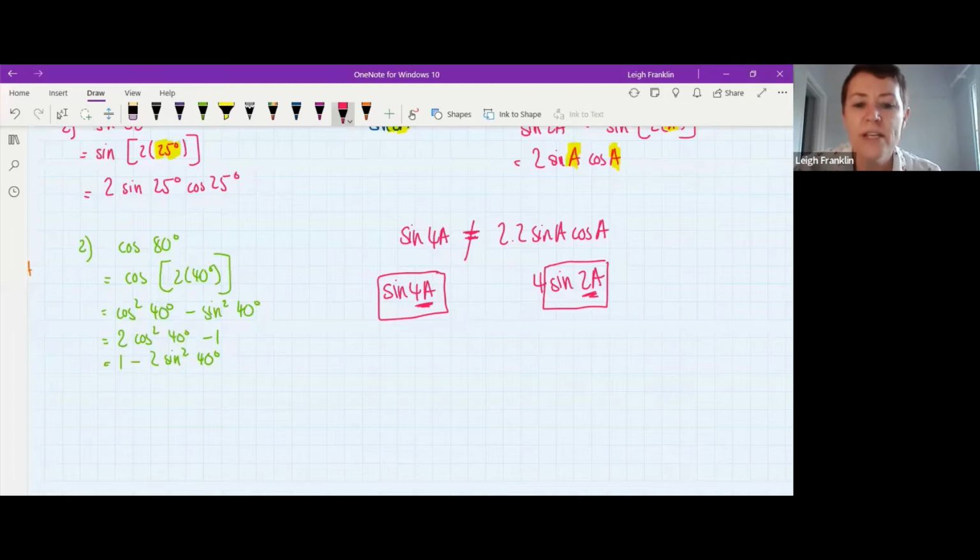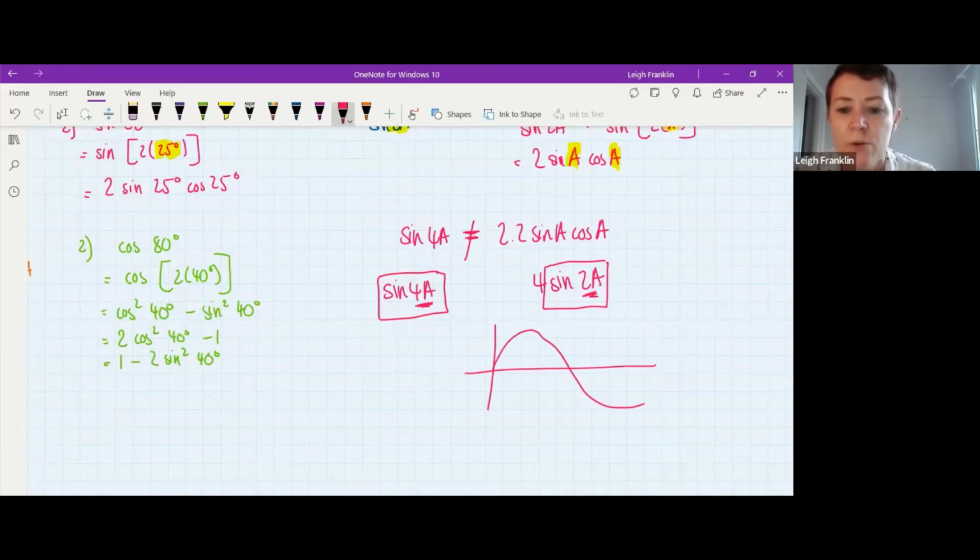The reason why it's not the same thing is because it relates back to what we see on our sine curve. Do you remember from grade 11 that the sine of 90 is equal to 1?